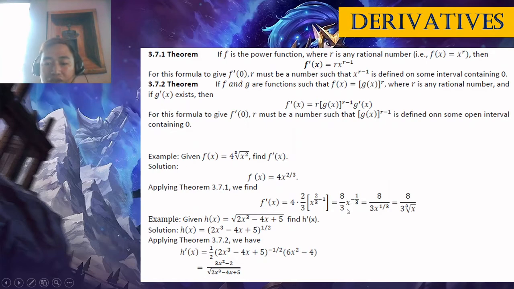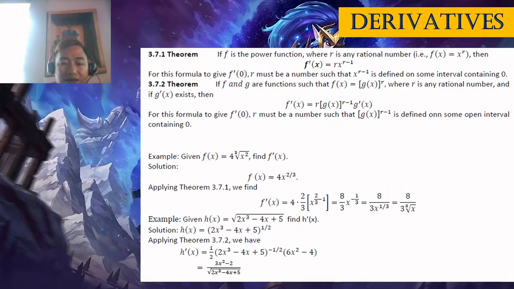So 8 over 3 times x to the negative 1/3. Since its exponent is negative, it goes down to the denominator and becomes positive. So 8 over 3 x to the 1/3, and x to the 1/3 is the cube root of x. So 8 over 3 cube root of x. This is now the final answer.